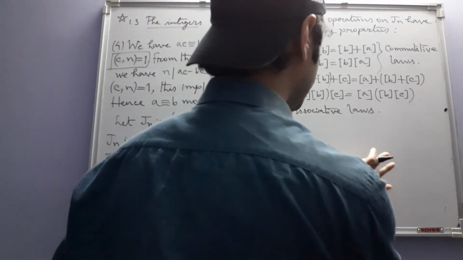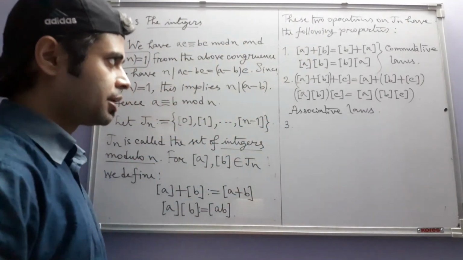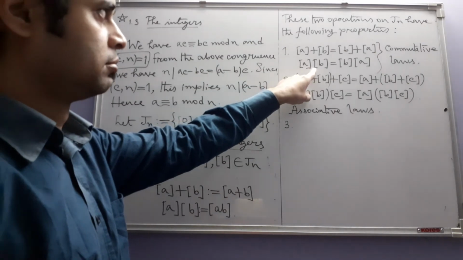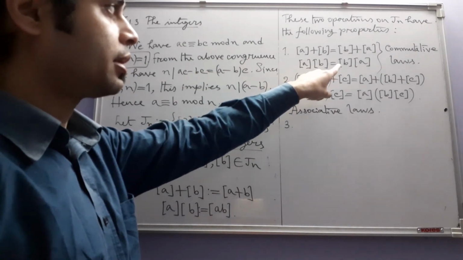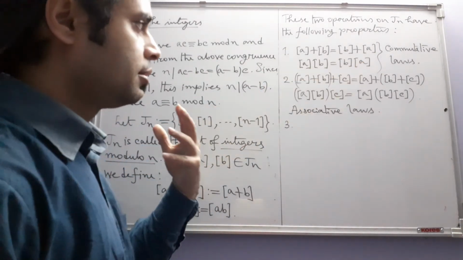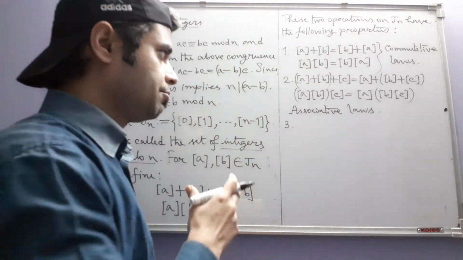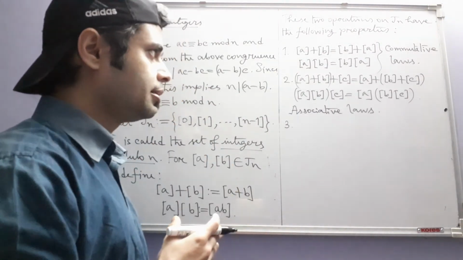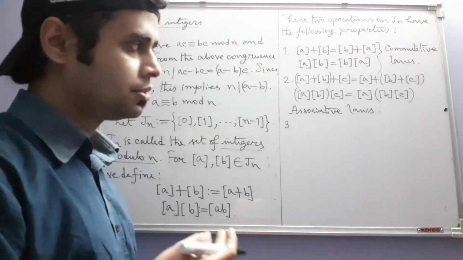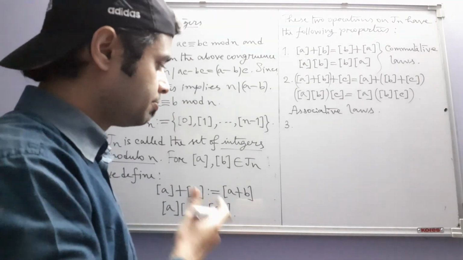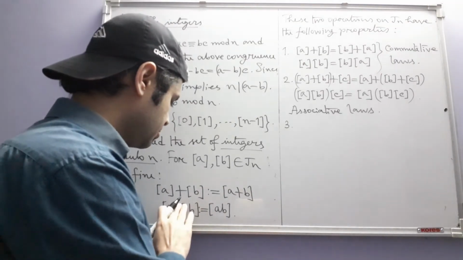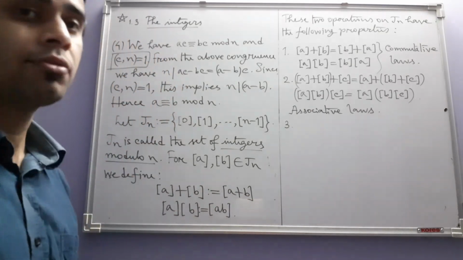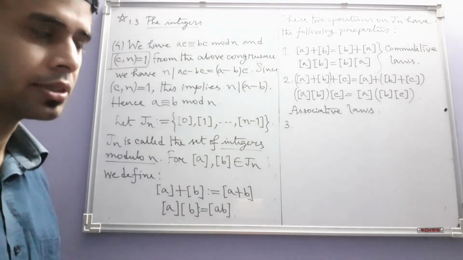Actually, there are two distributive laws, but whenever multiplication turns out to be commutative... See, this is the thing: we are going to study some systems in which we will come across operations which behave like ordinary addition and multiplication.